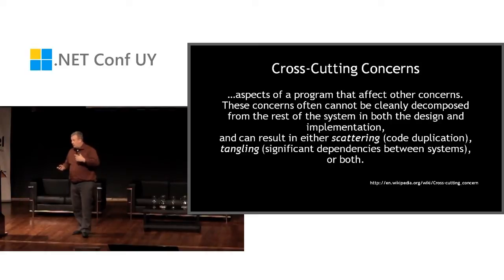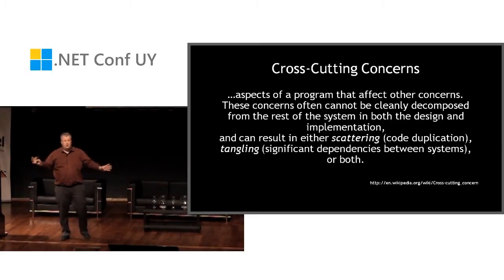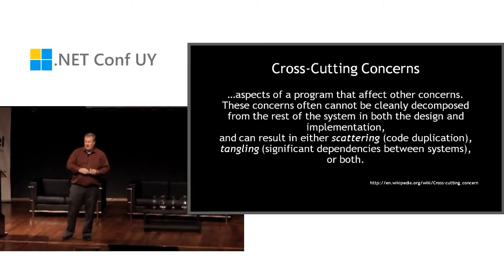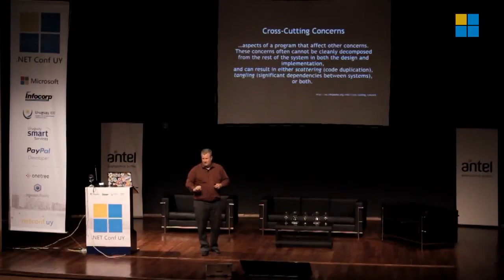So cross-cutting concerns, we talked about that, there being these pieces of code that are all over through your code base. How many people here have seen logging in classes all over the place, or in methods everywhere? You go into the method, first line of code, log that we entered this method. Do a bunch of stuff, log that we exit this method. Next method you go to, log that we entered this method.